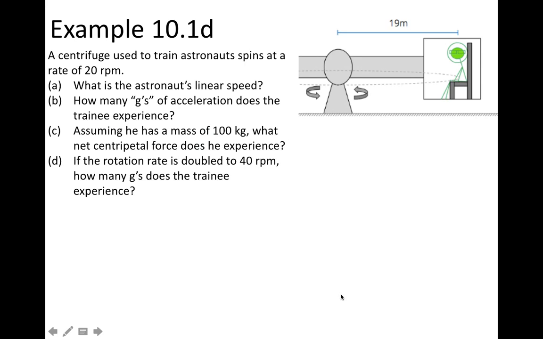We use that in this example where we have a centrifuge, which I mentioned before, that's used to train astronauts, spinning at a rate of 20 RPMs. So 20 RPMs is not going to be a useful unit.